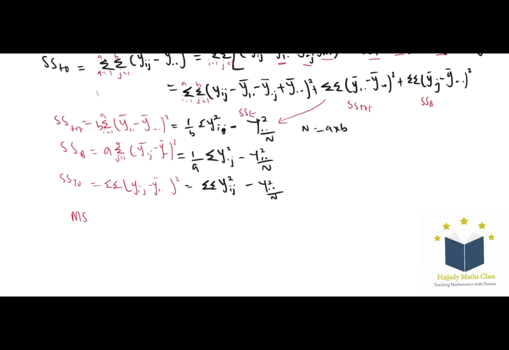For the MS treatment, which is the same thing as the SS treatment over the degree of freedom, which is going to be what? a minus 1. For the MS block, we have the SS block over b minus 1 degree of freedom.